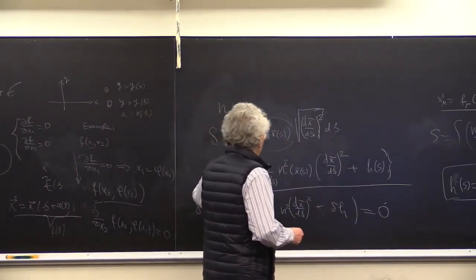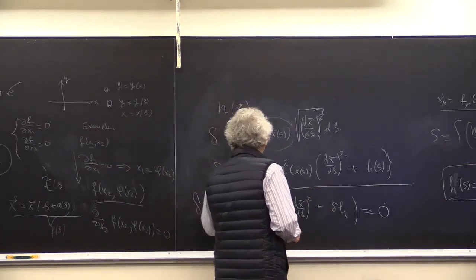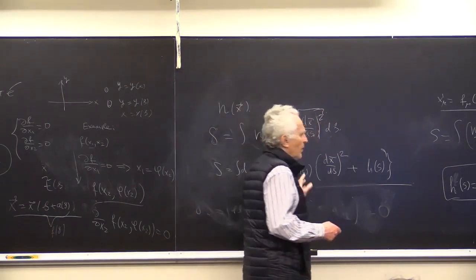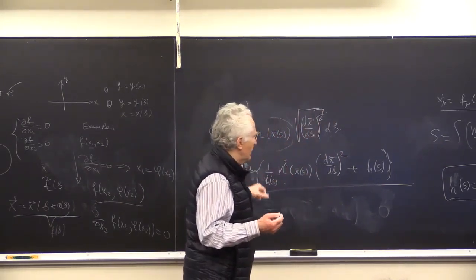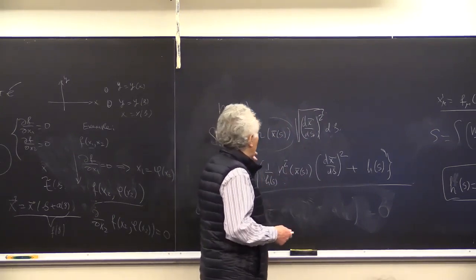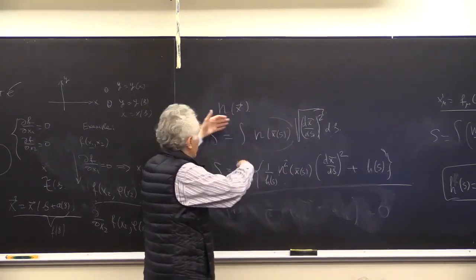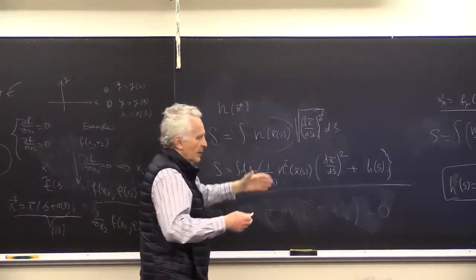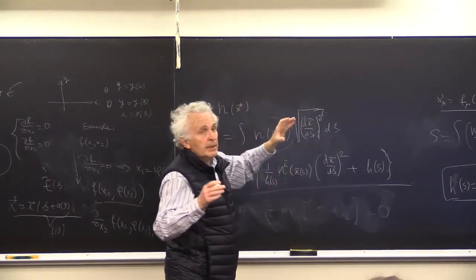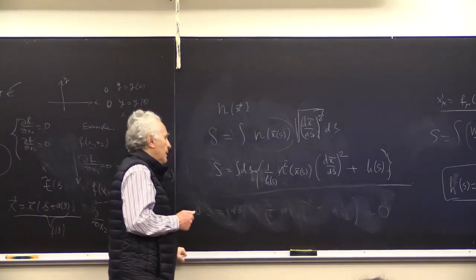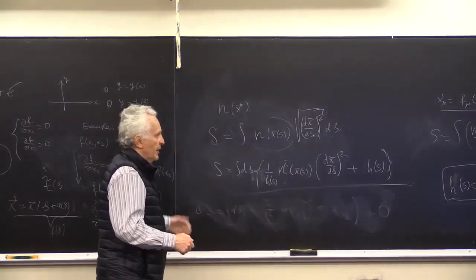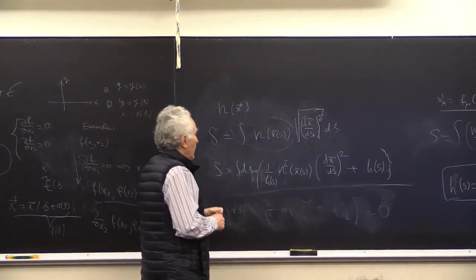So let's look now at this action. And although classically there's not much difference which action we work with, we are talking about concrete problems, like you have a medium with position-dependent refraction index, and we want to know the light rays, the trajectories of light.